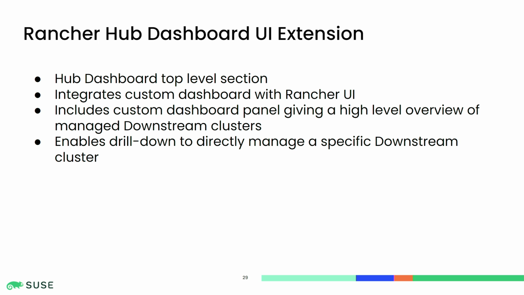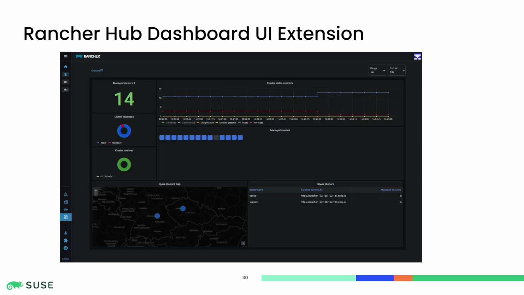And this dashboard also includes a custom-created dashboard panel, which gives the real-time overview of all the downstream clusters across all the spokes. And at the same time, it enables drill down to directly manage a specific downstream cluster. So this is what the UI extension looks like.